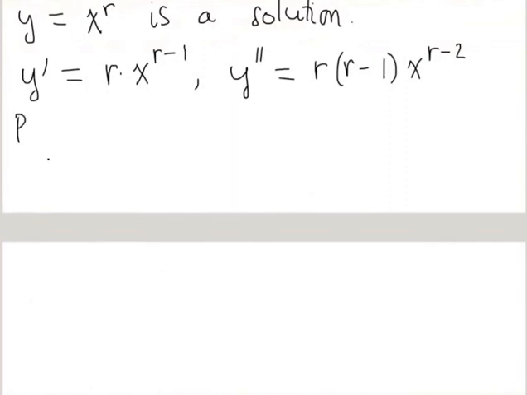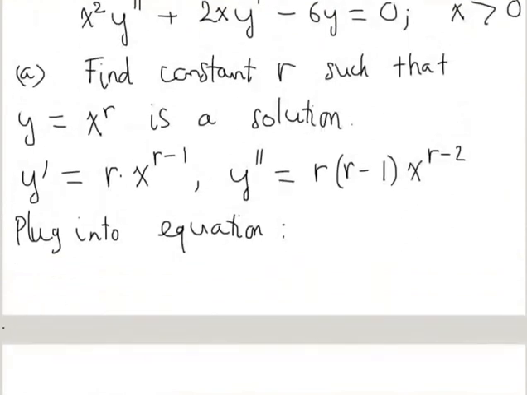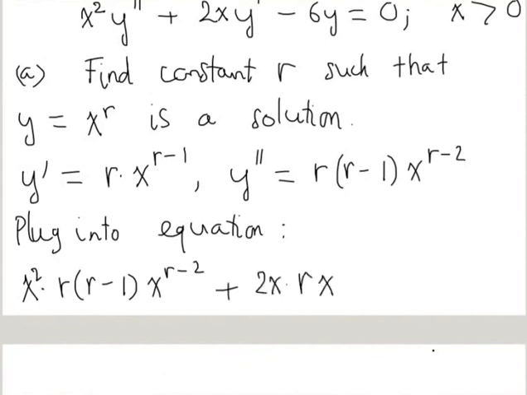And to be a solution, we plug into the equation. Then we have x squared times the second derivative, meaning r times r minus 1 and x to the r minus 2, plus 2x times the first derivative, which is r x to the r minus 1. Lastly, minus 6y, which is x to the r, equals 0.